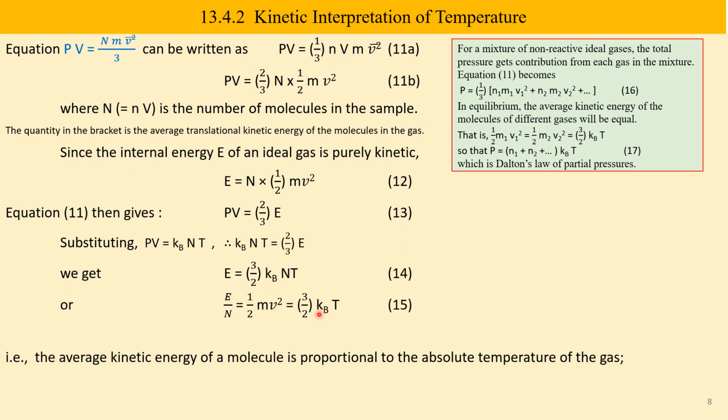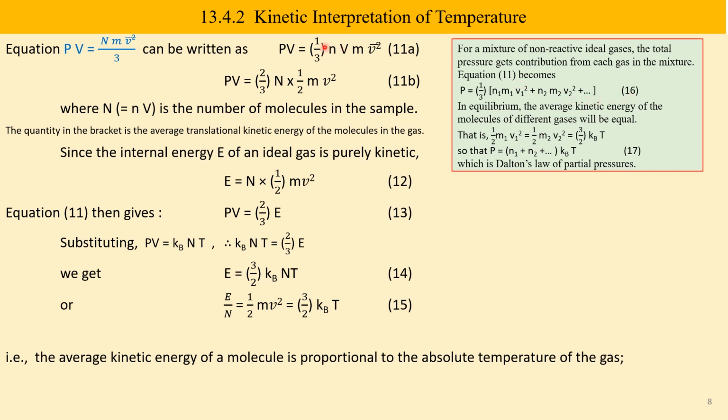For a mixture of non-reactive ideal gases, the total pressure gets a contribution from each gas in the mixture. Therefore, equation 11 becomes P is equal to 1/3 of N1 M1 V1 square plus N2 M2 V2 square plus etc. Let it be equation 16.